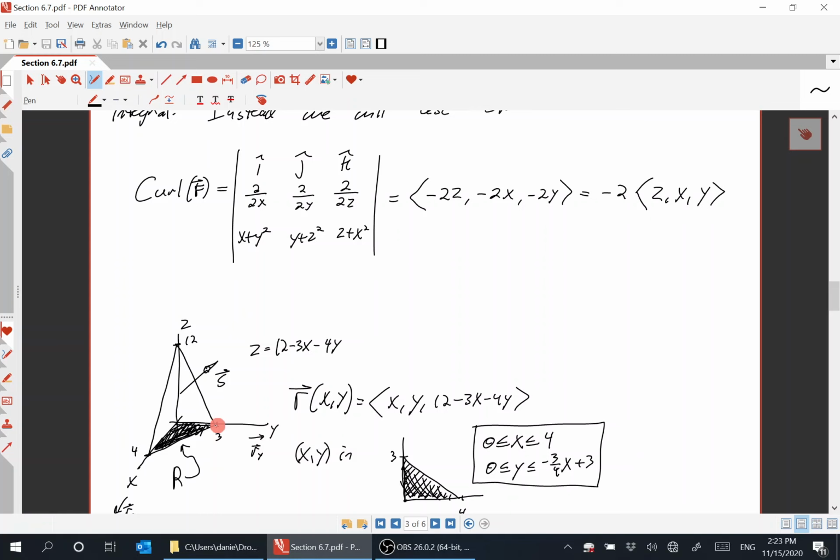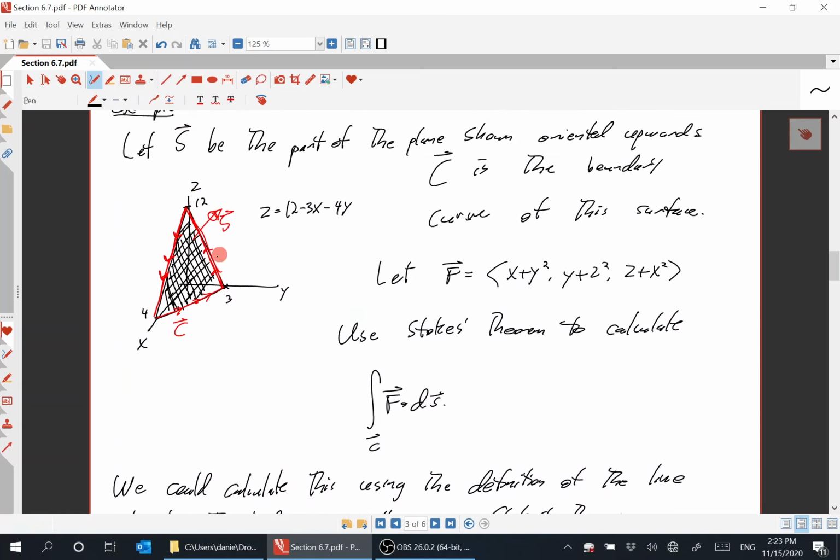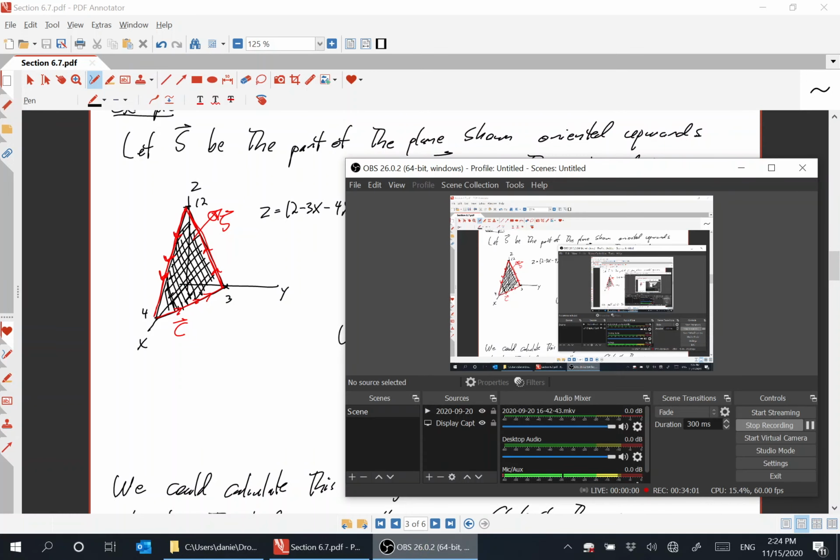There's the bottom part, this bottom curve here, this curve here, this line going up, this line going down. So you'd have to do 3 separate parameterizations and plug those into this vector field and then calculate that line integral. I'll tell you what, I'm going to pause the video now and actually do that calculation for you so that we have it written down.